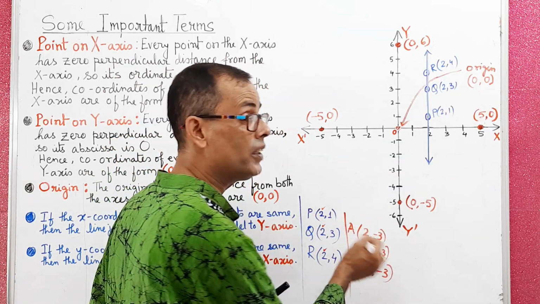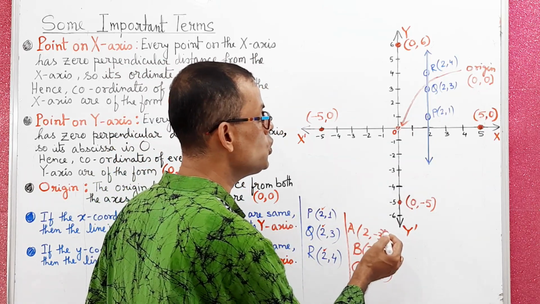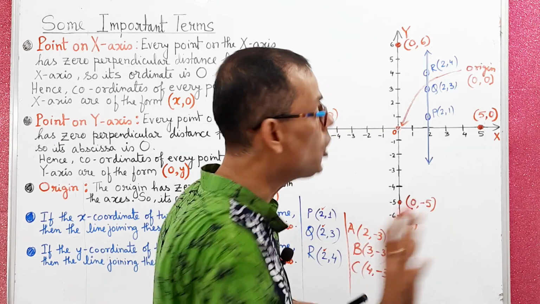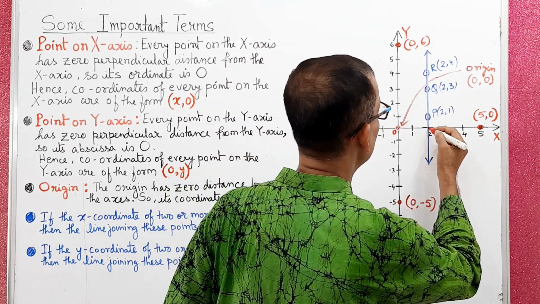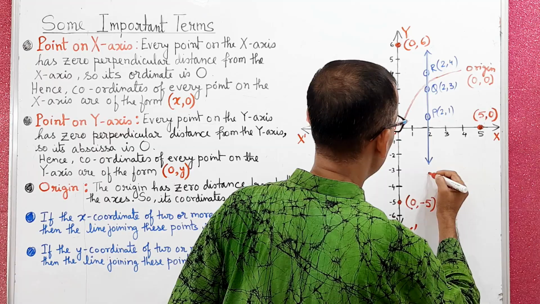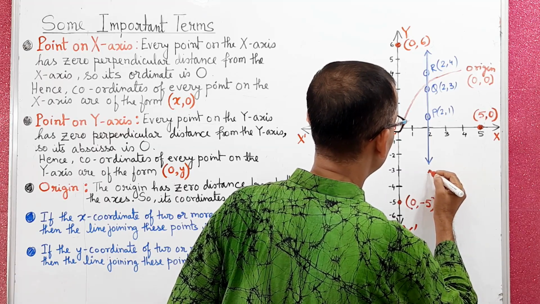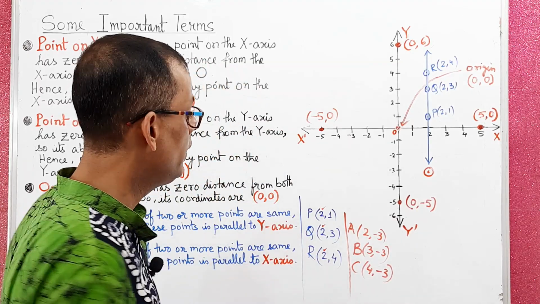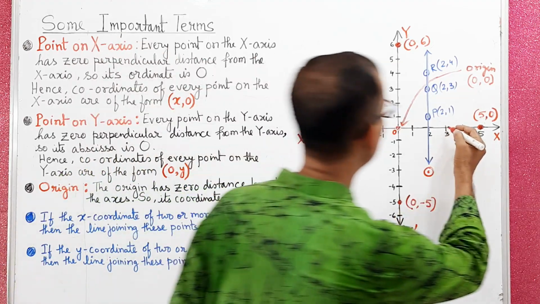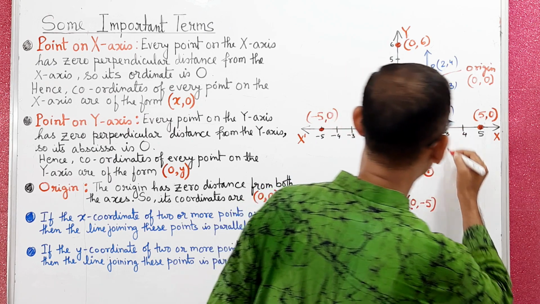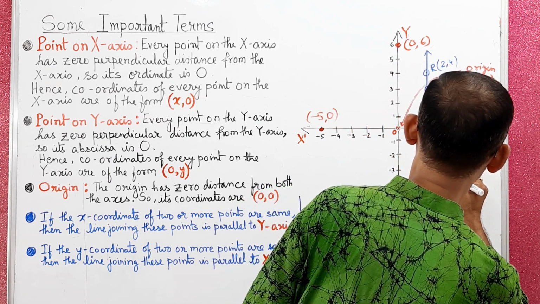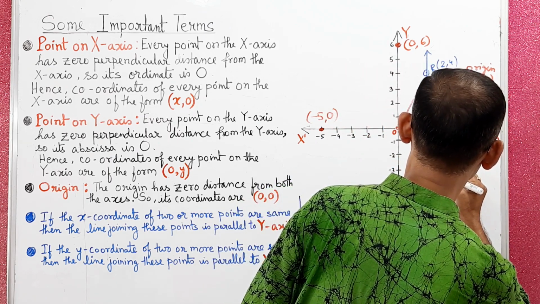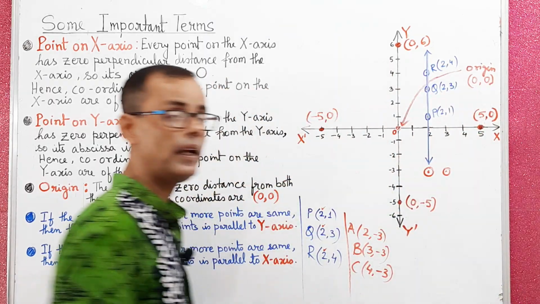So let us plot these points. A point is 2 comma minus 3. So 2 and minus 3 will be here. Can you see? This will be 2, minus 3. Then 3, minus 3. So we'll come here to 3, then minus 3. Let me come in front to plot the point. 3, minus 3.